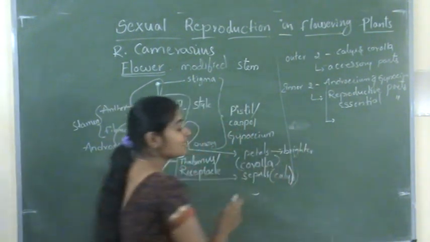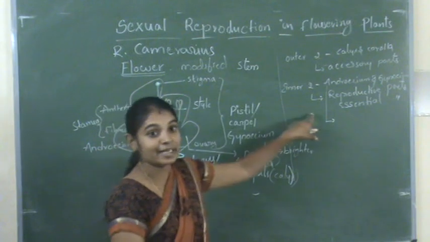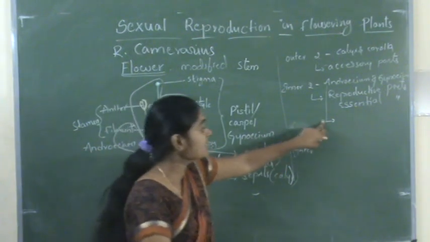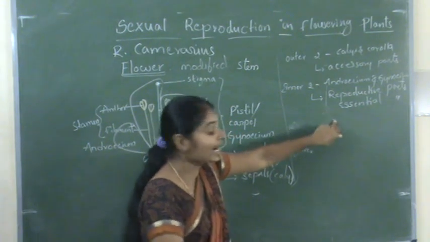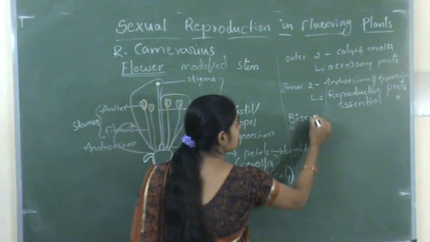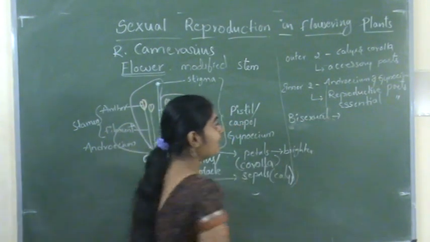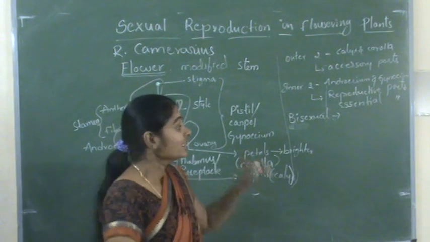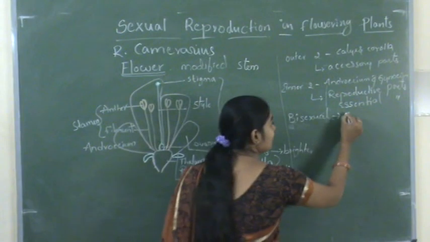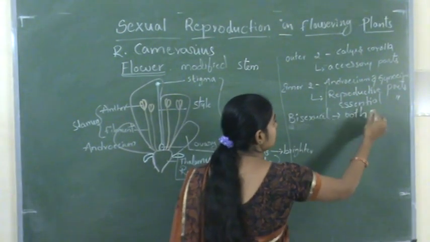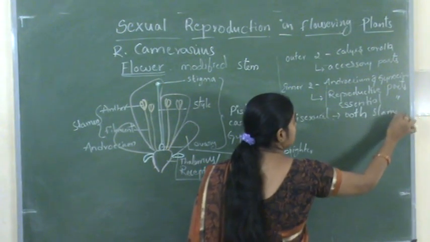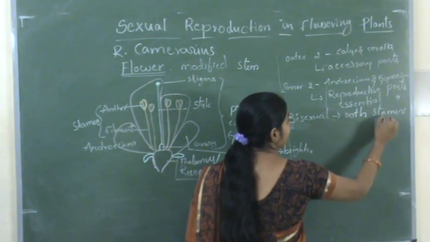On the basis of the presence of androecium and gynoecium, flowers are of two types: bisexual and unisexual. Bisexual flower means the flower contains both androecium, that means stamens, and pistil.